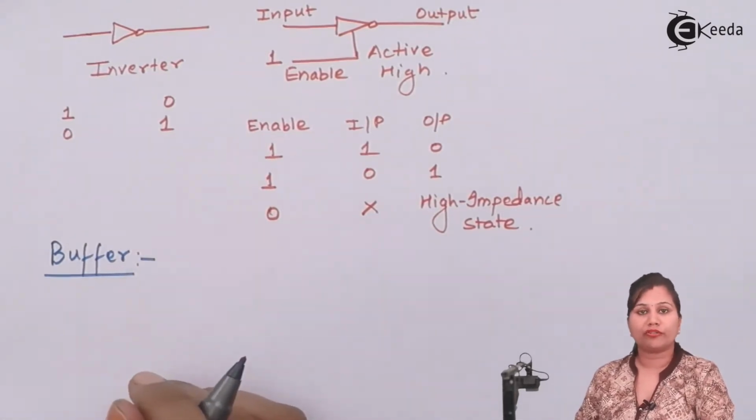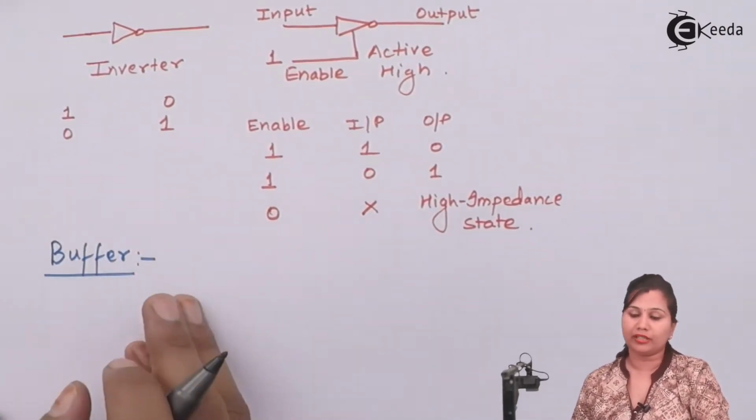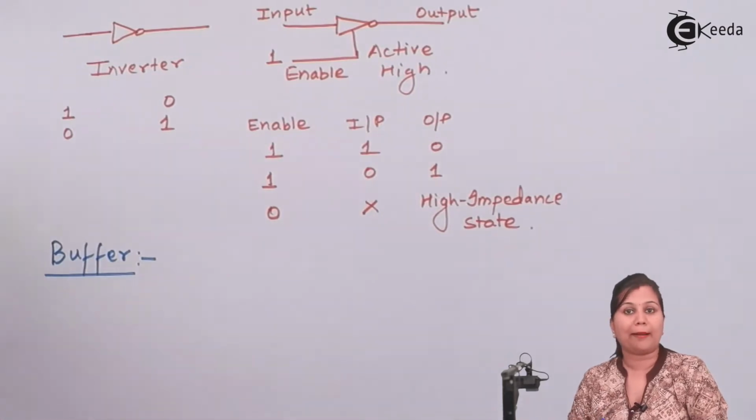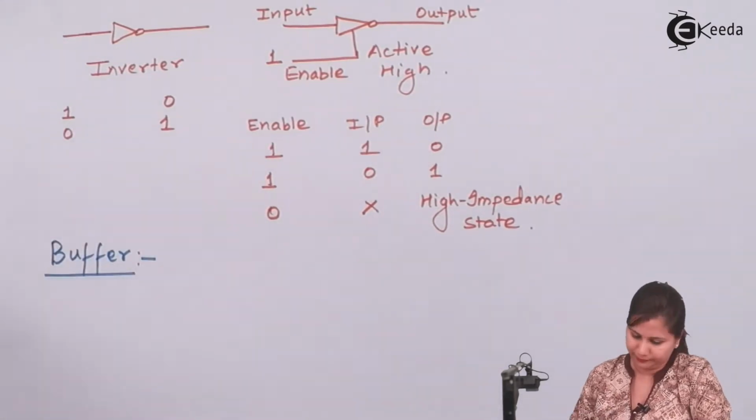Now, what's the use of the buffer, or what's its function? The buffer is used to amplify the input. So whatever the input is, we get an amplified output. Okay.